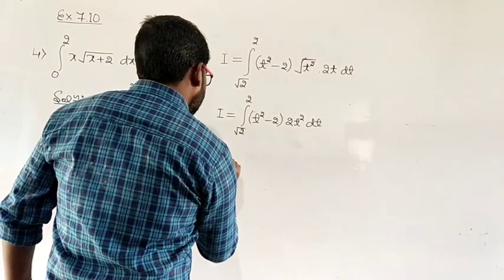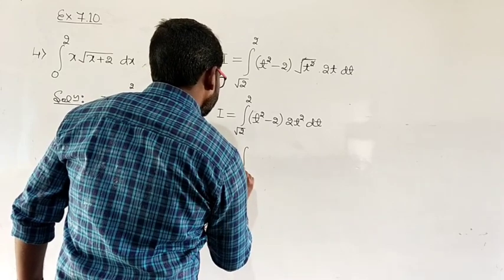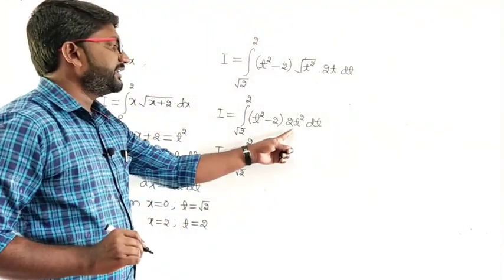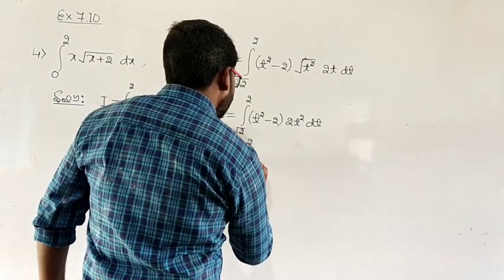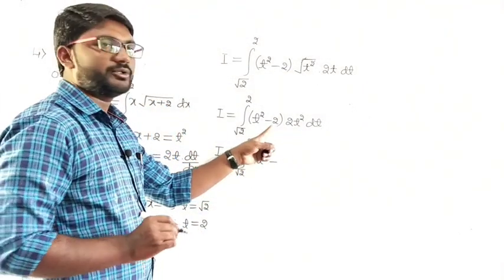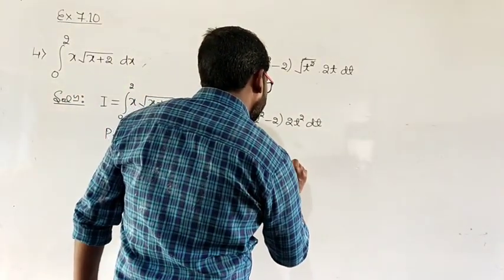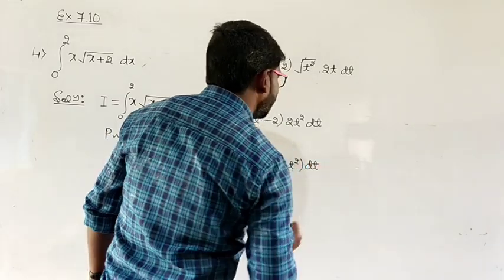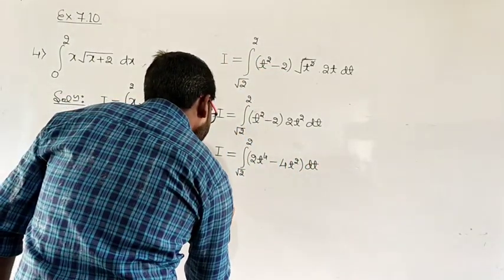I equals integral root 2 to 2, 2t square into t square will be 2t to the power 4, minus 2t square into 2 will be 4t square, into dt.